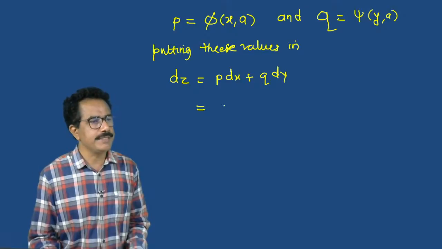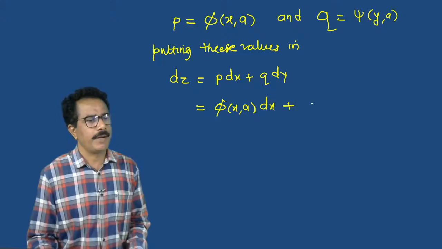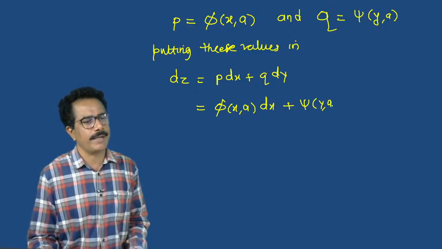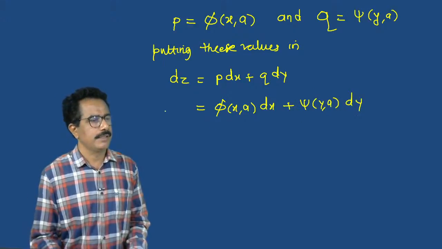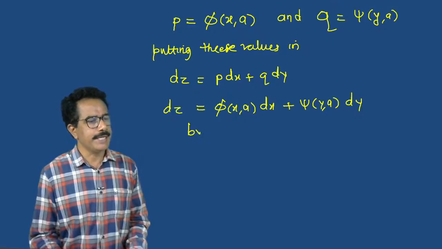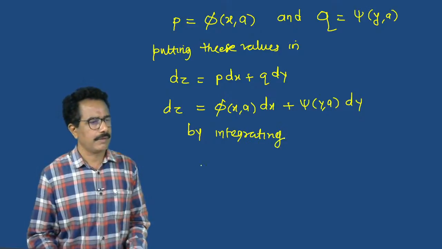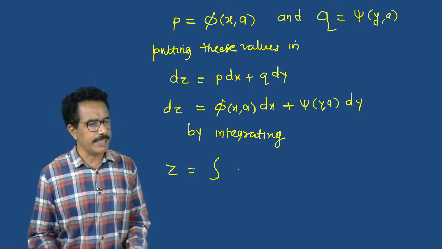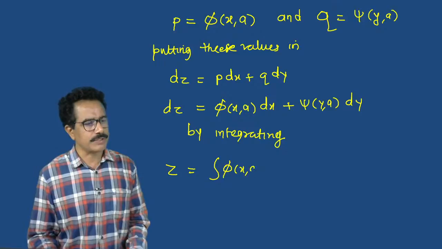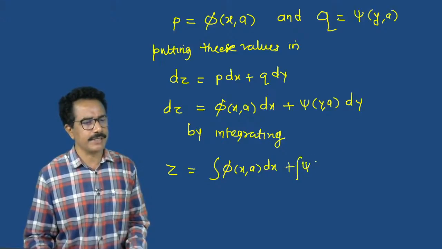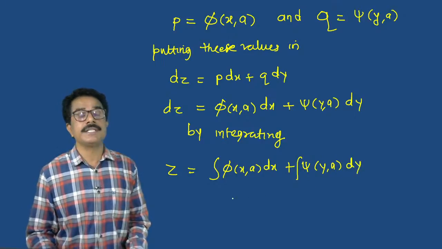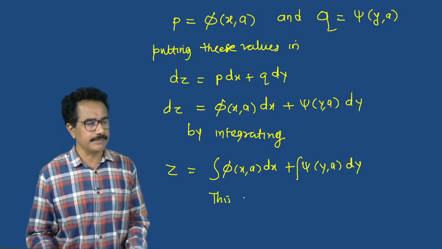P means phi of x comma a dx plus psi of y comma a dy. So dz, by integrating, z is equals to integration of phi of x comma a dx plus integration of psi of y comma a dy, and this is the required complete integral.